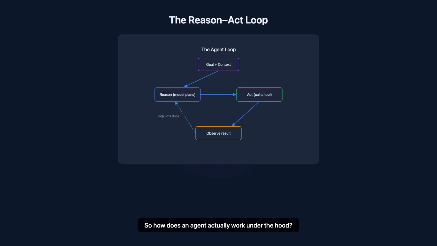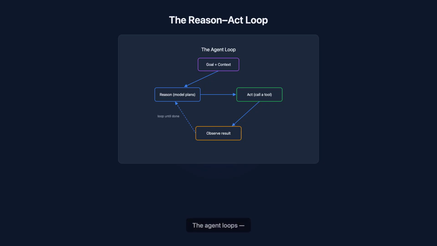So, how does an agent actually work under the hood? At the heart of every agent is one simple cycle. It starts with the goal and the current context. The model reasons, it plans and picks the next step. Then it acts, it calls a tool. Then it observes what came back. And here's the crucial part. That observation feeds right back into the next round of reasoning.